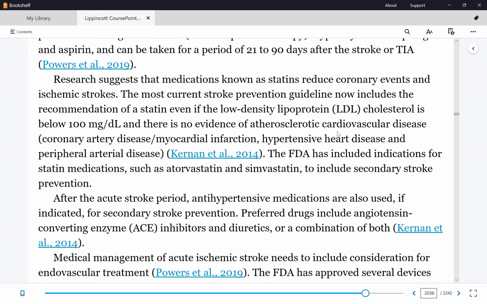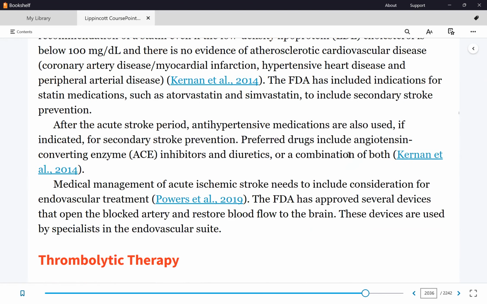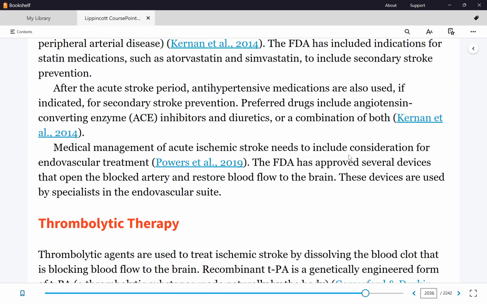So here's the statin. Okay, so dual antiplatelet, aspirin, clopidogrel, and then your statin. For those with high blood pressure, let's say hypertension is your risk factor, then we manage them. ACE inhibitors usually is the standard. You may be put on calcium channel blockers and beta blockers if you have AFib as well.